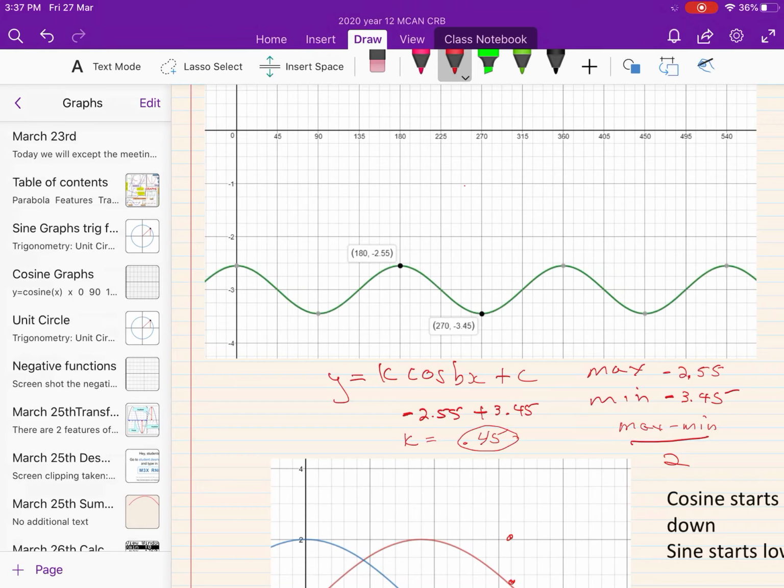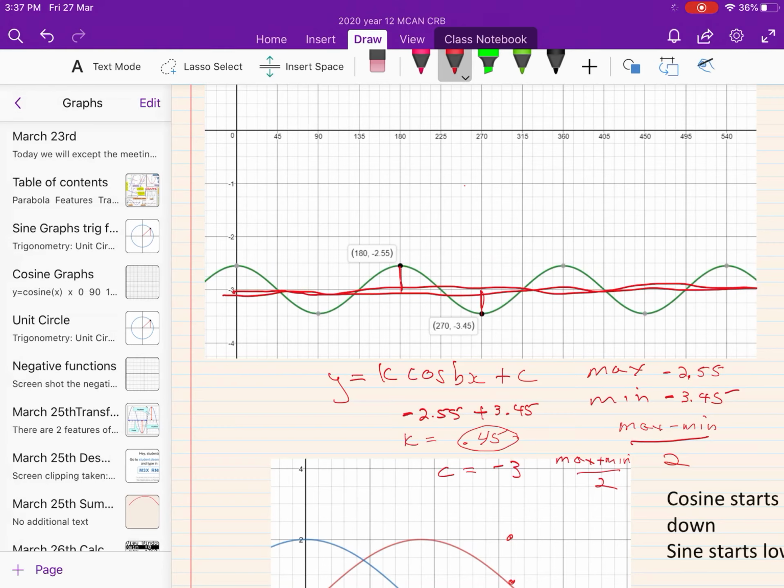And if I want to figure out where my line of symmetry is, my C is negative 3, because that's max plus min divided by 2. Does that make sense? So if we go down here and we go, well, that looks about right, right? That looks like my line of symmetry right there. Yep, looks like I get an even amplitude on either side of that. That looks to be all right.